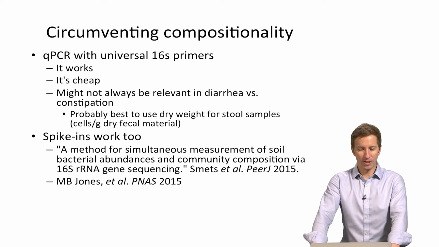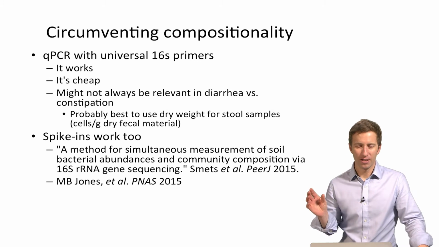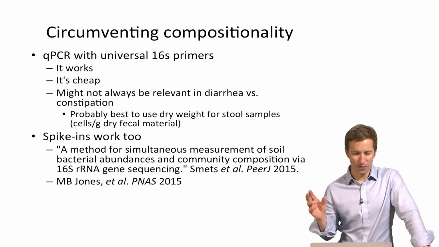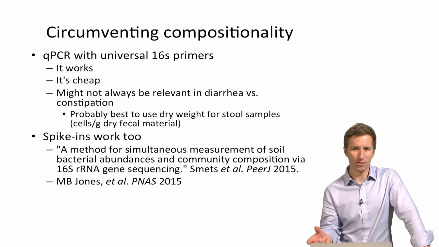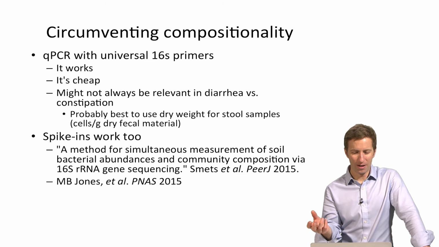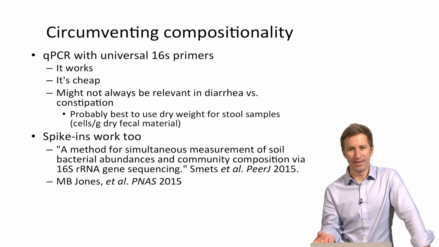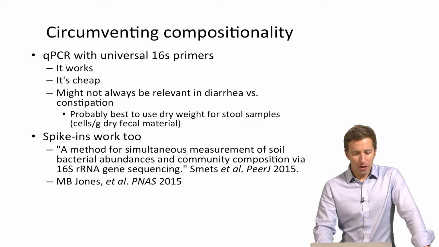A reasonable way is probably just to convert the units to number of bacterial cells per gram of dry fecal weight. So you would lyophilize the feces or the fecal sample to get the weight of it, and then you'd normalize to that. There are other approaches.